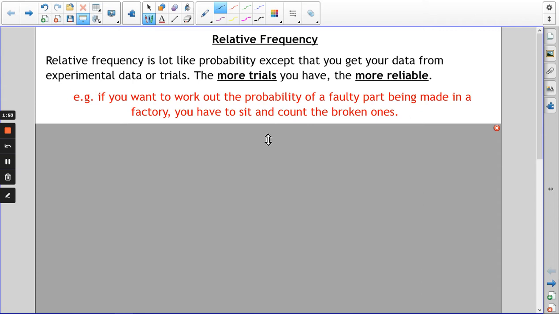And as you'll know in science, when you write your conclusions to an investigation you've done, if you want reliable data, repetition is the key. So in relative frequency, the more trials you have, the more reliable your estimation is going to be for the relative frequency.